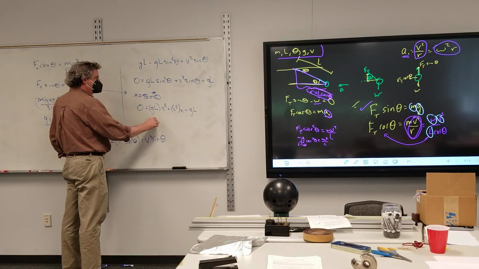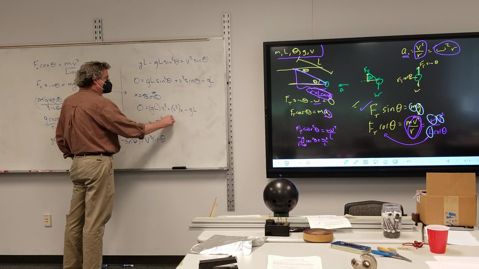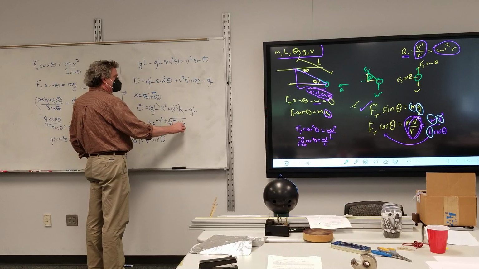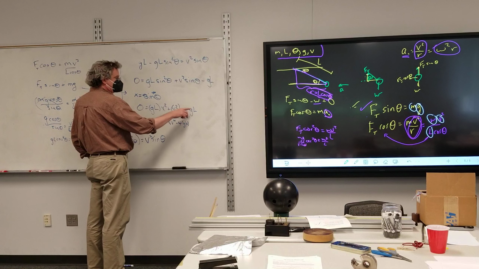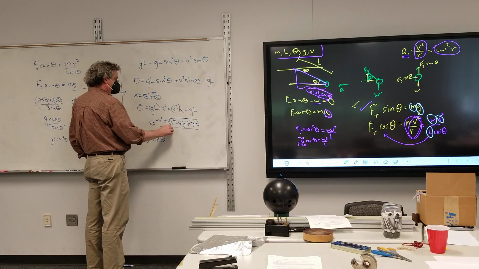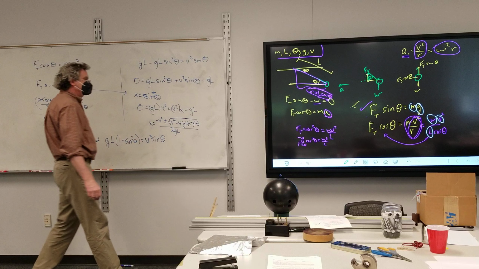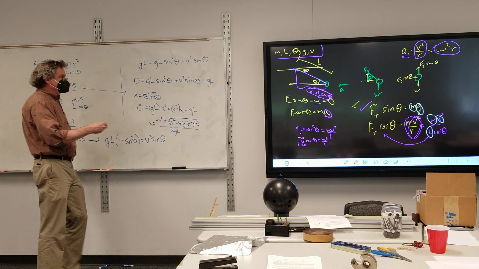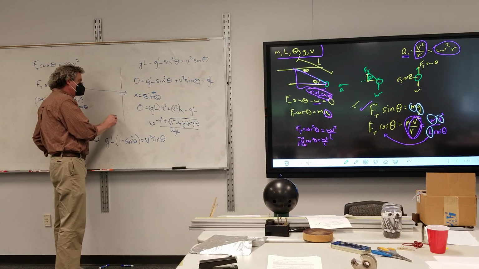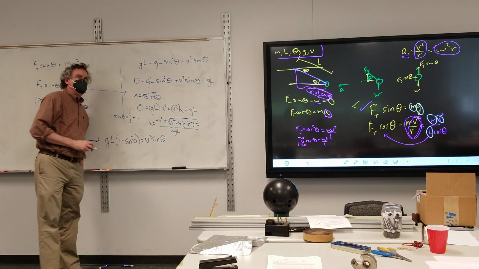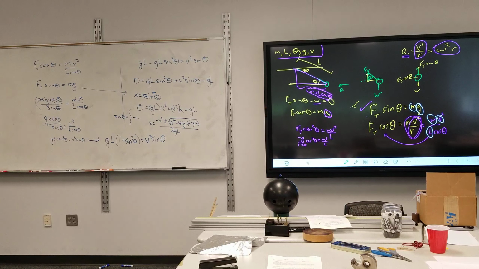And x would be negative V squared plus or minus the square root of V to the fourth minus 4 times GL times negative GL, over 2GL. Plug and chug. You're going to end up with two answers here. So sine theta, which is x, is going to be one of two answers. Hopefully, one of those answers clearly is not going to be right.